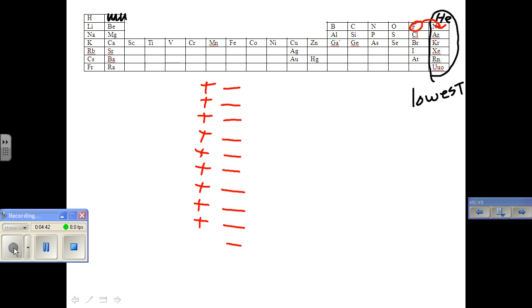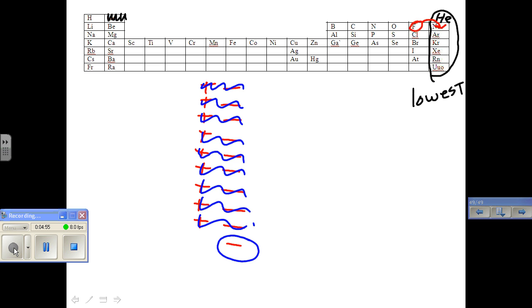And when it does that, you'll notice that the atom was neutral because these two canceled each other out all the way down. But the last electron, the one it picked up, doesn't cancel out. So fluorine actually has a -1 charge. It has an extra electron.